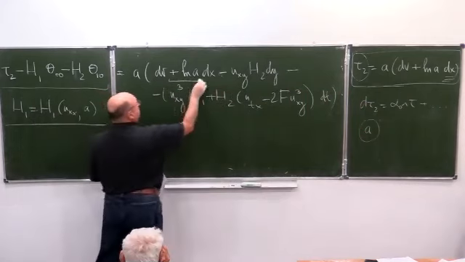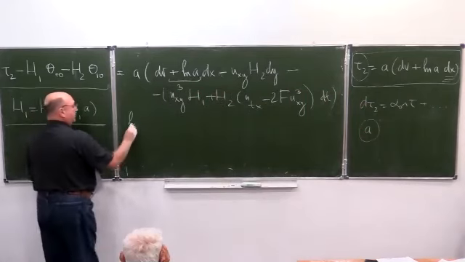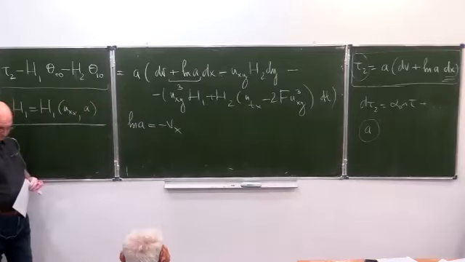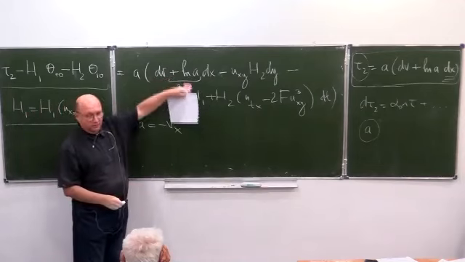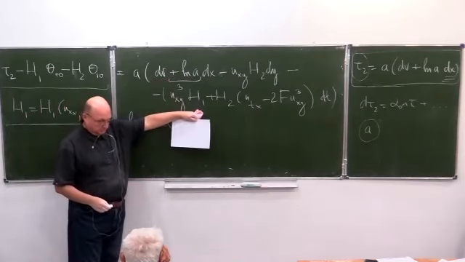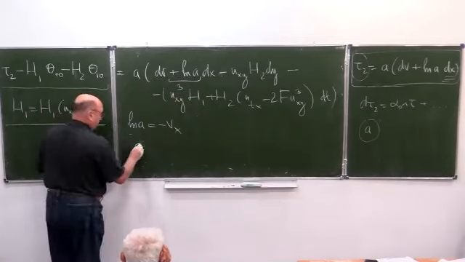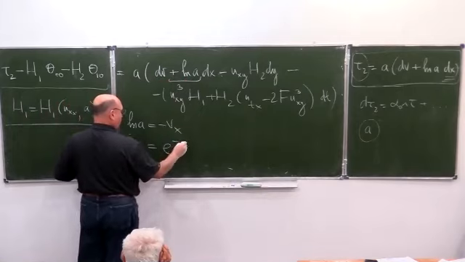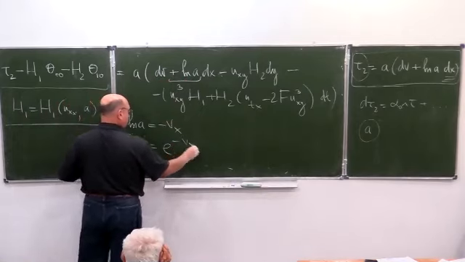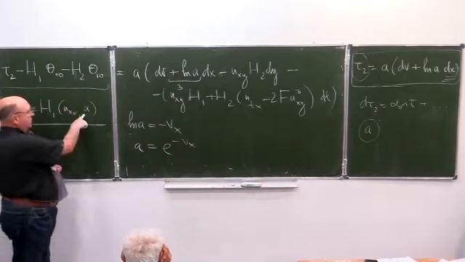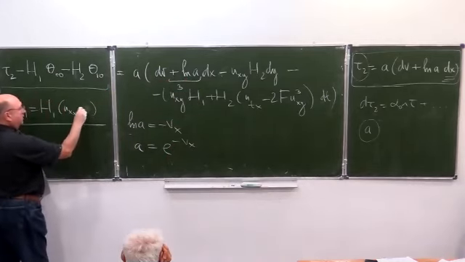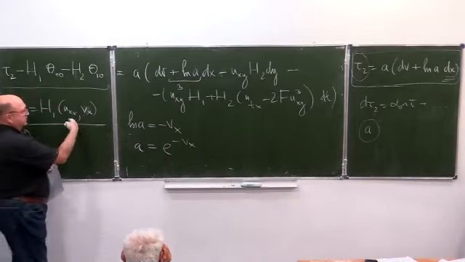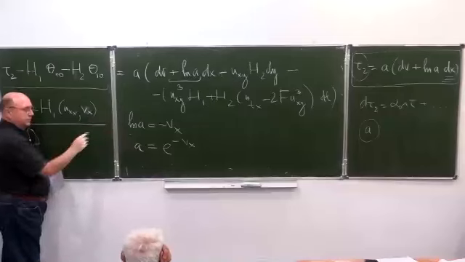So this should be what? Minus Vx. When we horizontalize this form, we say that this A is E to the degree minus Vx. So actually we can, instead of A, substitute Vx. Because well, just any function of this invariant.